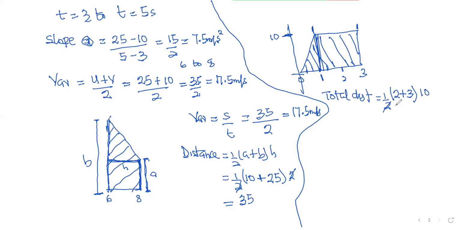So we have 2 going into this, 5. When you sum up the numbers in the brackets, you have 5 times 5, which is 25 meters. So obviously the correct answer there is the third one.